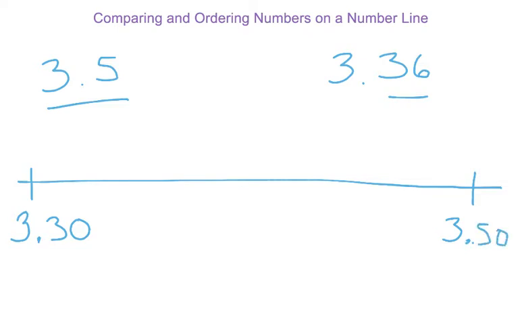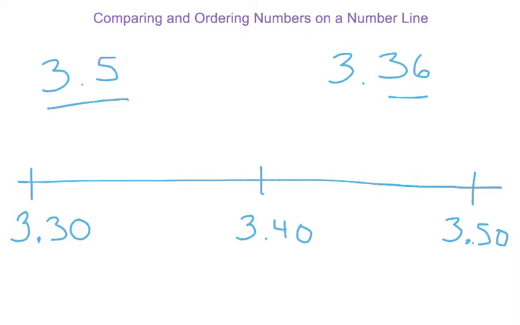Remember from 4th grade, 5 tenths is the same as 50 hundredths. What's in the middle? 3 and 40 hundredths. How many hundredths are there between these tenths? 3 and 3 tenths, 3 and 4 tenths, 3 and 5 tenths. Well, I know there are 10.